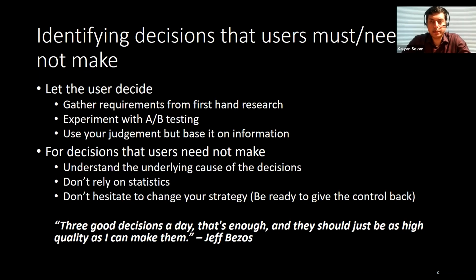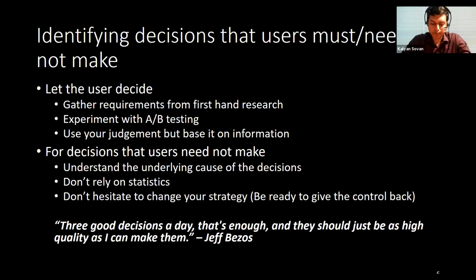So, for example, try engaging with your customer as much as possible. Probably be a user of that product yourself and try to understand firsthand where the problem is, or where you think that a decision can be preempted and where the decision needs to be taken by the user.